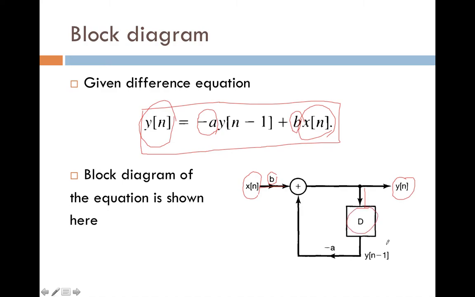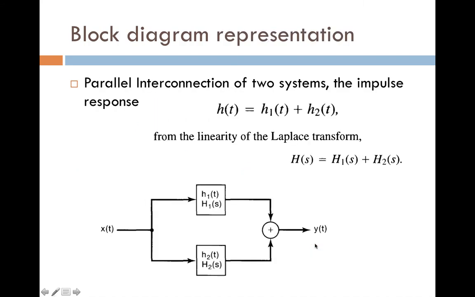The output of this delay element is y of n minus 1, and I need a multiplier, so I'm going to represent minus a as the multiplication factor. Now the output of this will be added with the input. Hence y of n is equal to the output of the adder, b into x of n plus minus a into y of n minus 1. This is the way we can realize a block diagram for a given system equation.